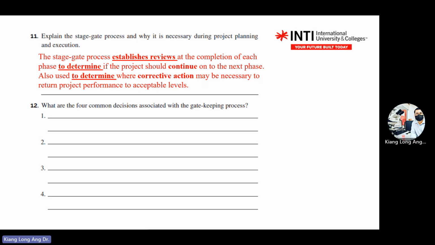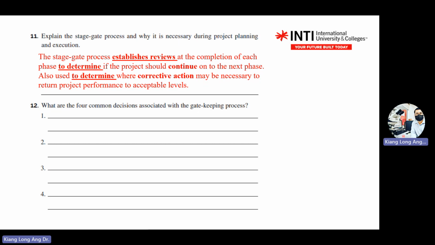First is what? Pass means what? Approve or what? What is the decision over here?